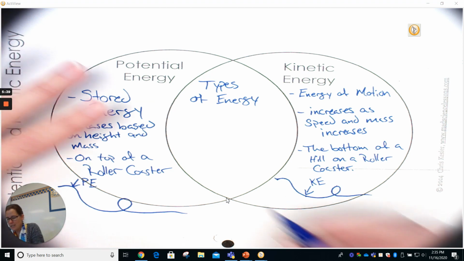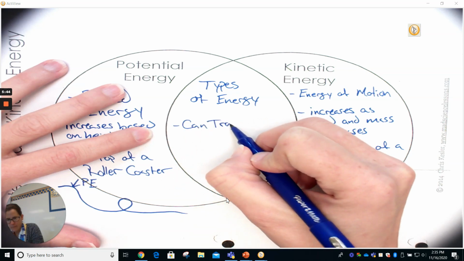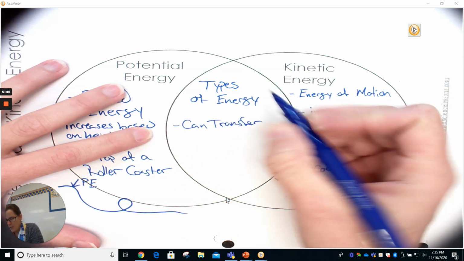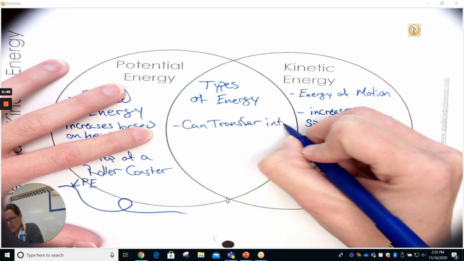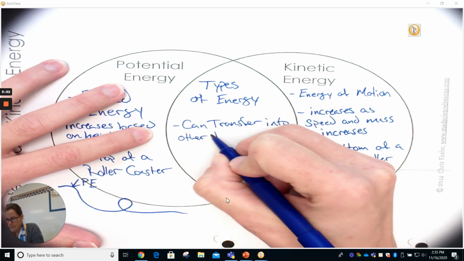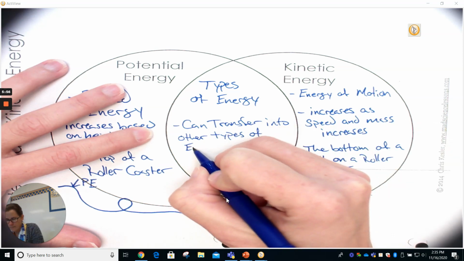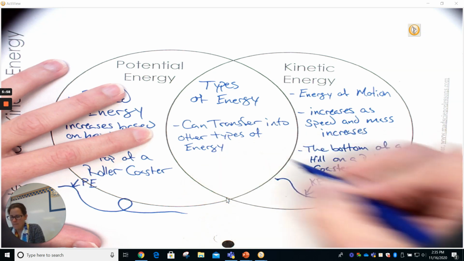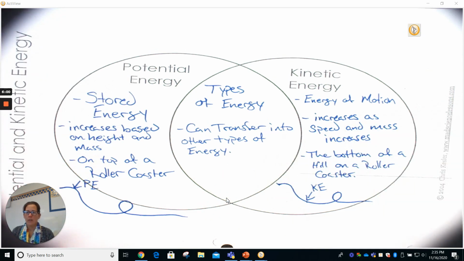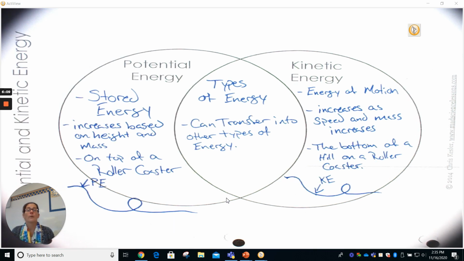So they can transfer into different or other types of energy. Okay. So in the middle, we've got they're both types of energy and they can both transfer into other types of energy. Okay, so this is your note page for right now.